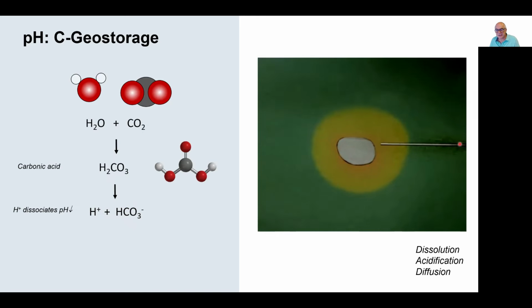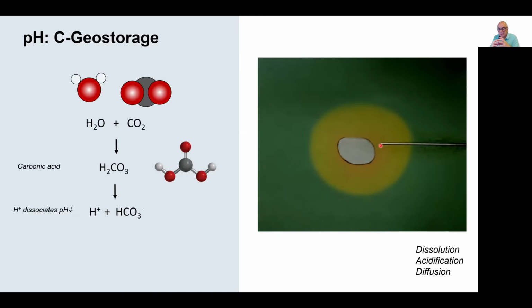Now let's inject a bubble of CO2 into water with a pH color indicator, a universal color indicator. And this is time-lapse photography. It doesn't happen so fast. But you see the initial gas bubble is decreasing in size because CO2 is dissolving in water, but also there is a halo of yellowish color, meaning low pH, that is propagating.